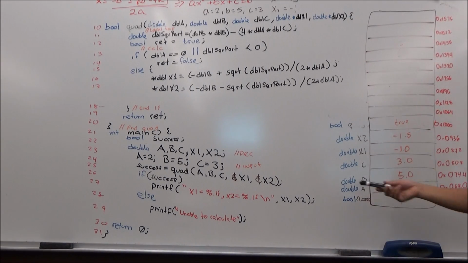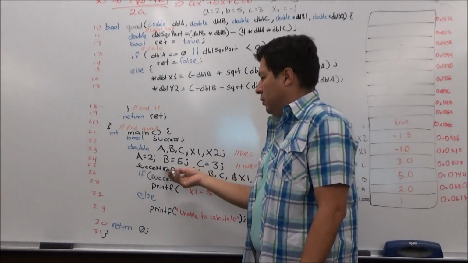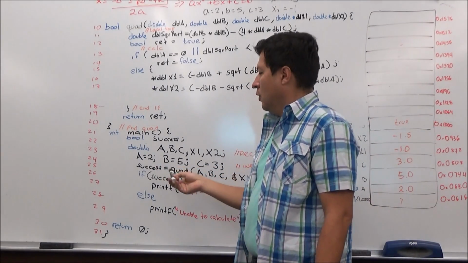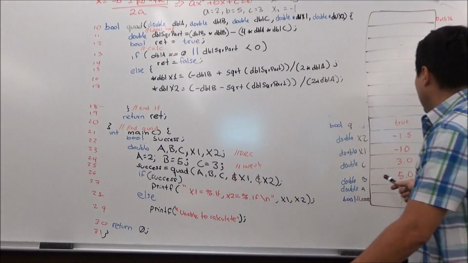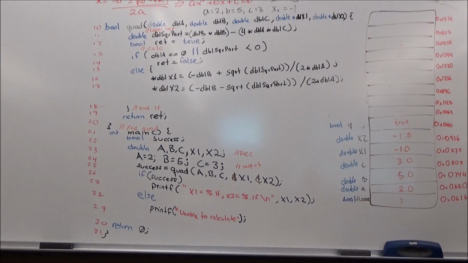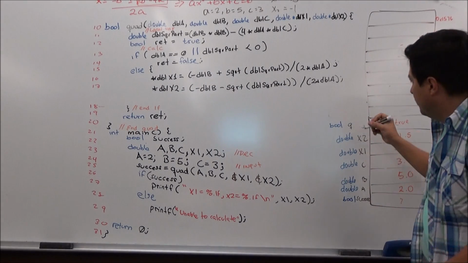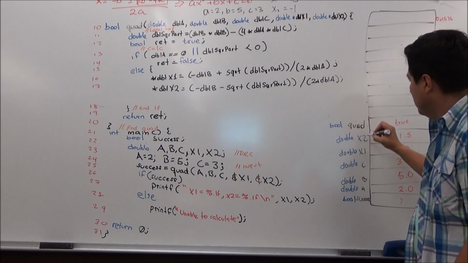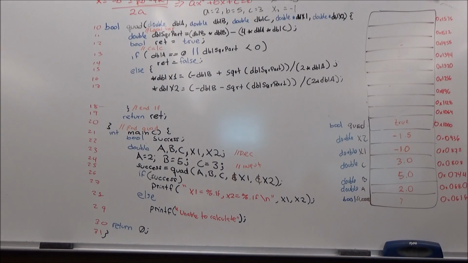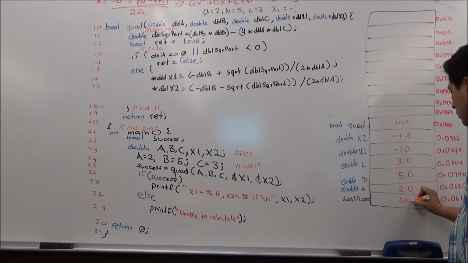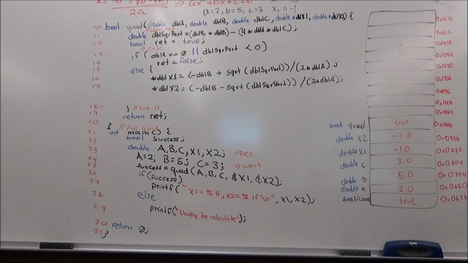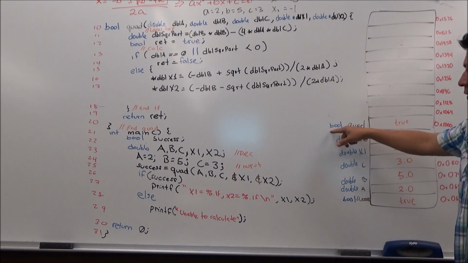And now I'm here. Now I go back to the equal sign. Success equals this quad. Well, quad is big. Oh, I erased it. Quad is true. So here's that variable success. I'm going to change that to whatever that value is. And then this is done.